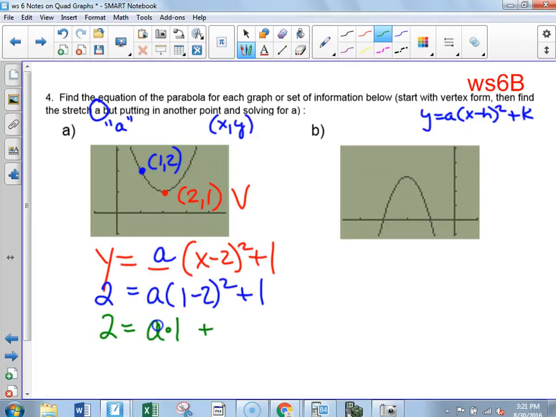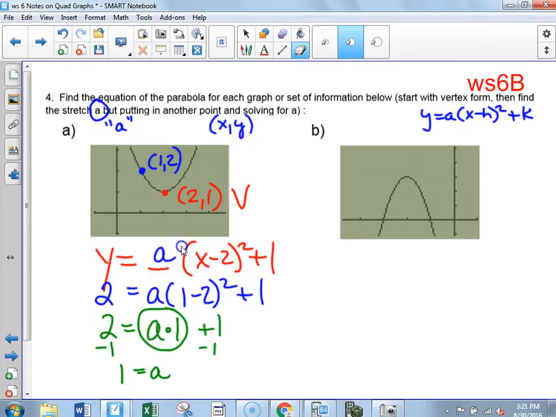So what's a times 1 plus 1? This is really just 1a, right? Everybody's good with that? Okay. So the stretch was just a 1 on this one. There was no stretch.